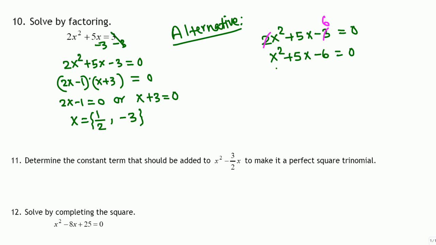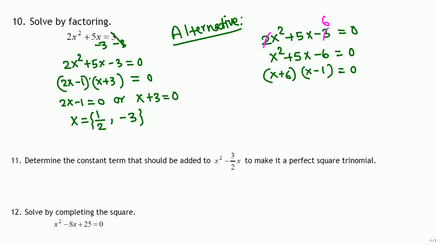Now factor this trinomial: x squared, x. Now we need to find factors of negative 6 such that by subtraction we get 5. So 6 times 1, and to get positive 5 we put positive 6 and minus 1. Now if you FOIL, you get this back.